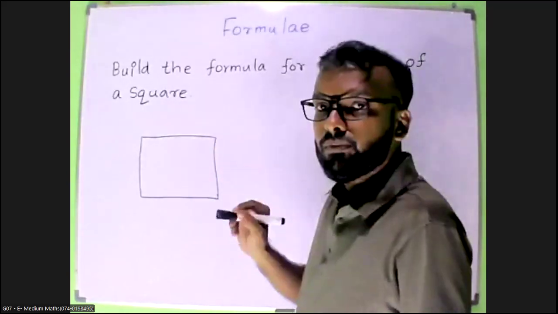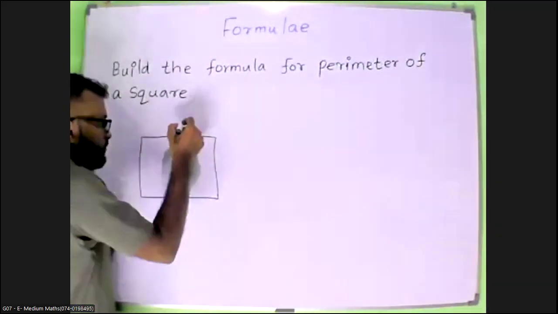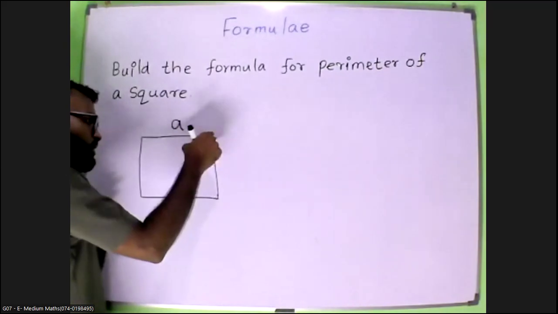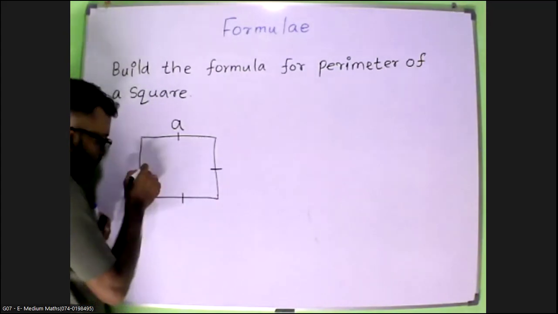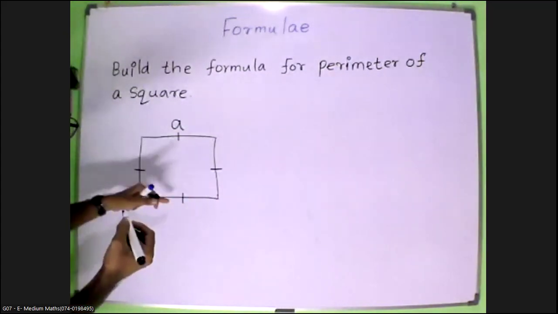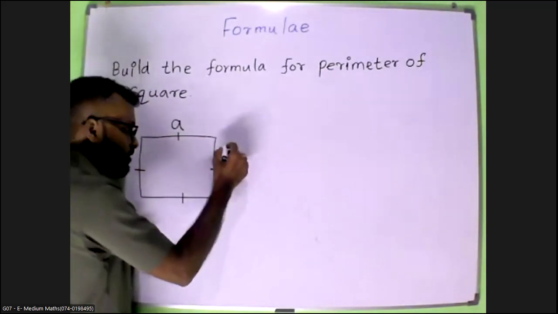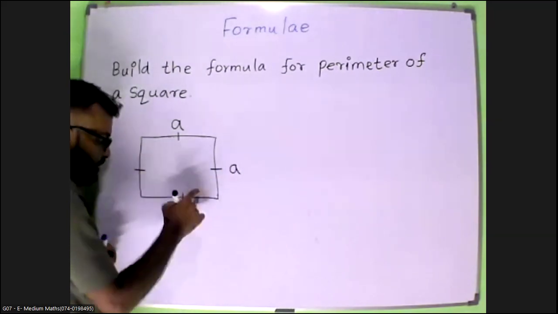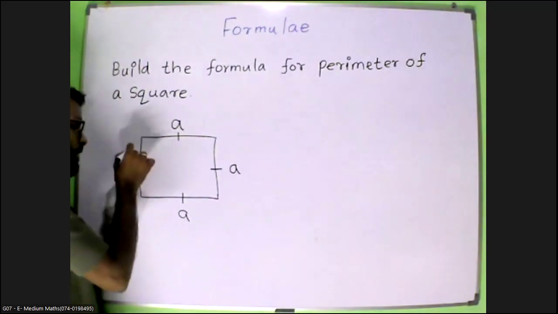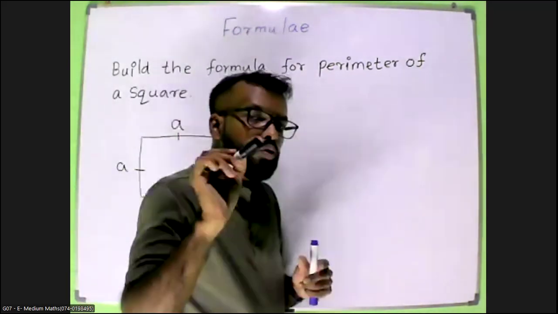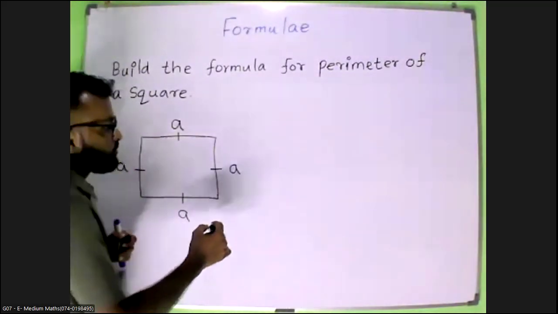I will take this side length as A. So the length of this side is A. These four sides are equal, so the length of this side is also A, this side is also A, and this side is also A. So how to find the perimeter of the square?